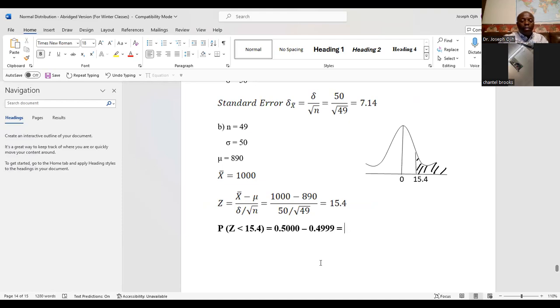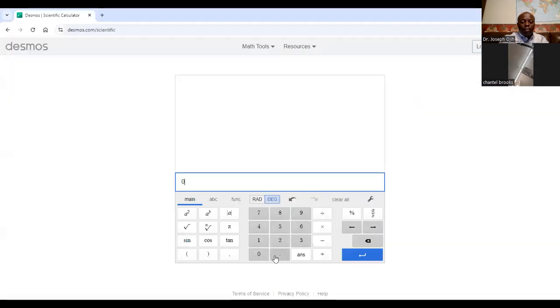So 0.5 minus 0.4999. See, it gave us the answer in scientific form, 1 times 10 to the power negative 4, which means there are going to be 4 zeros before the significant digit 1.